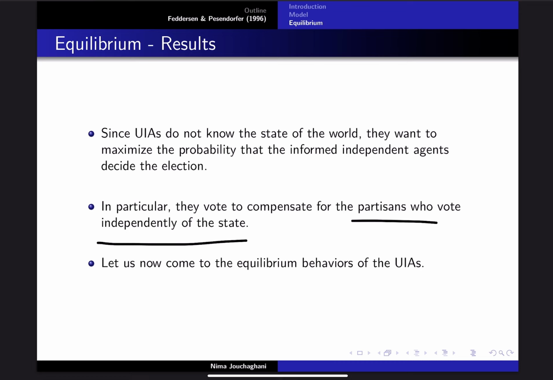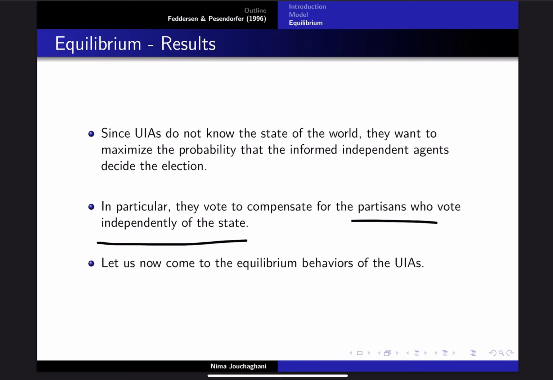And what the uninformed independent agents then do is they help or add votes to the votes of the informed independent agents such that they decide the election, and this also maximizes the utility of the uninformed independent agents. And that's basically the reason why those individuals would vote. So they vote to compensate for the partisans.